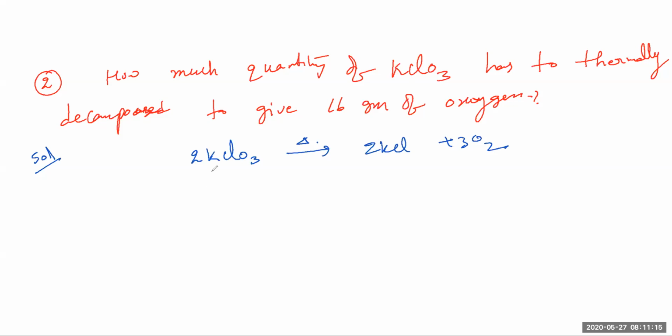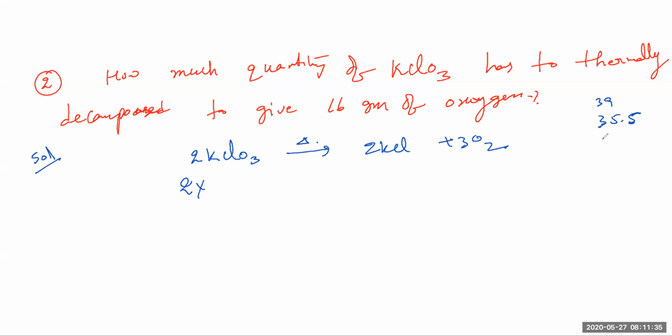See, what is the molecular mass of KClO3? Here 2 moles, 2 into potassium 39, chlorine 35.5, and oxygen 16 into 3 is 48.